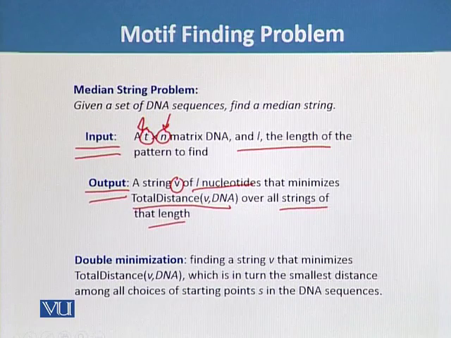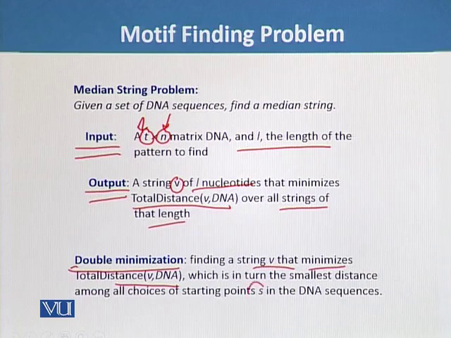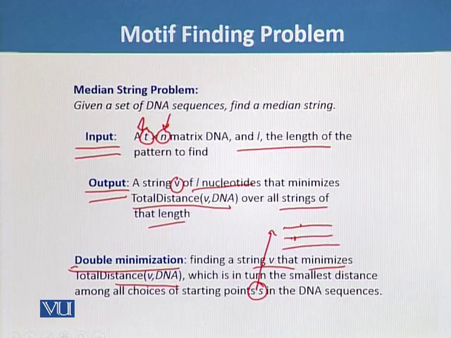So we will get the double minimization by using this algorithm, and we are finding a string V that minimizes the total distance, V, DNA, which is in turn the smallest distance among all choices starting from S. We have seen that within the DNA sequences the specific motif will start at different positions within the promoter region.